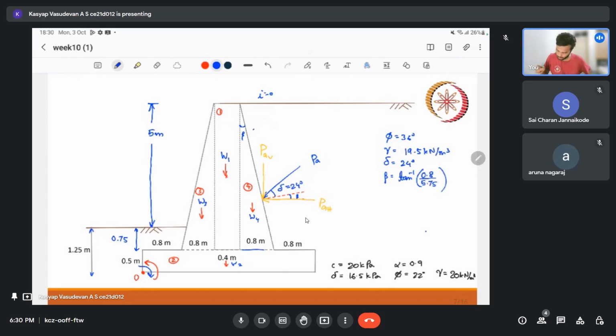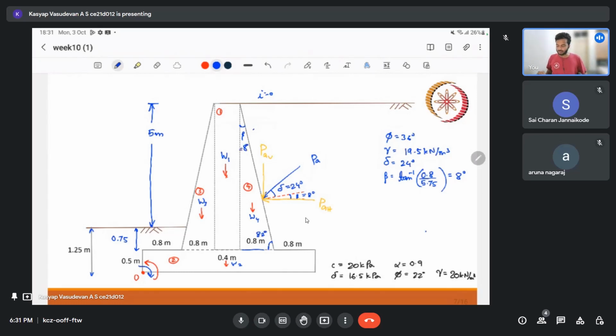This is 5 plus 0.75. This will be almost 8 degrees, right? So beta we have 8 degrees, so this is also 8 degrees, and this will be our alpha in the other term. So this angle is 90 minus 8, that is 82 degrees.